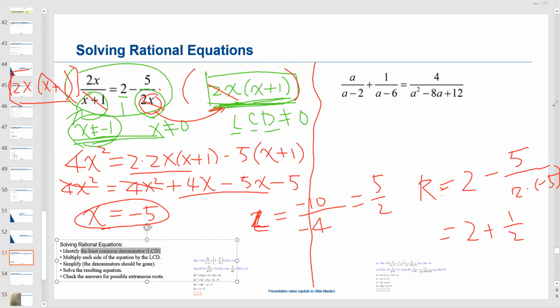Actually 2 plus a half, right? Because here it's negative. So it's 5/2. So they match up. Yeah, makes sense. Right? So this result is correct.